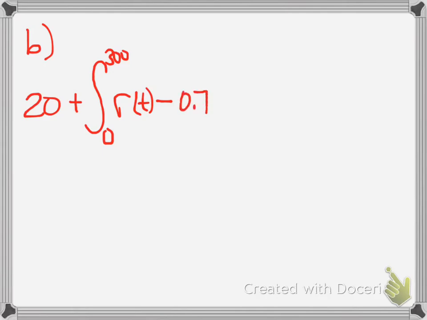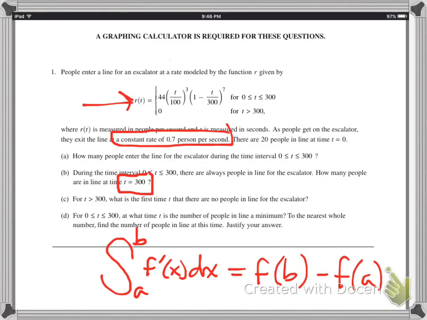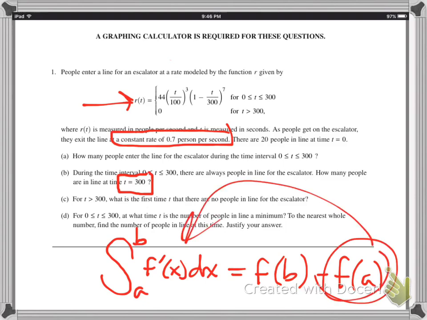So entering r, that's like adding, leaving the line 0.7, that's taking away, that's subtracting. And this is what we're trying to figure out the value of. Again, there's already 20 people in line. That's where this 20 comes from. That's using the fundamental theorem concept, the f of a part that I add to the other side.